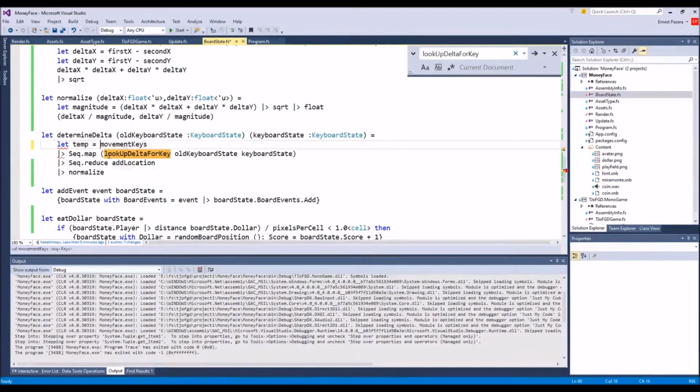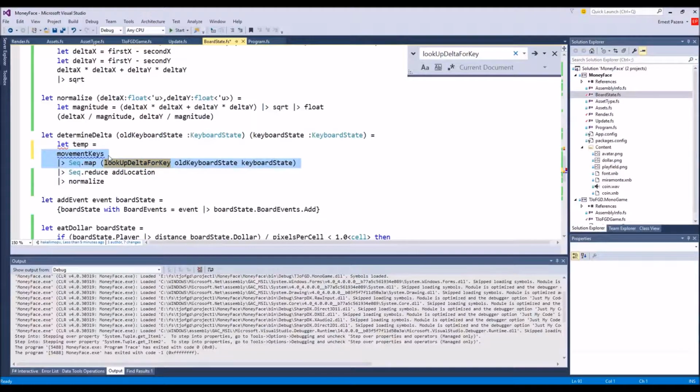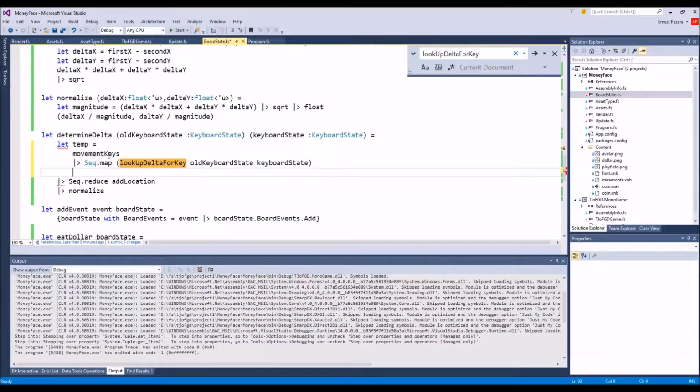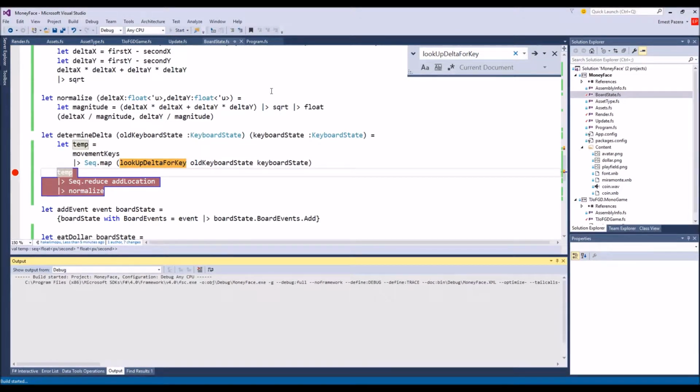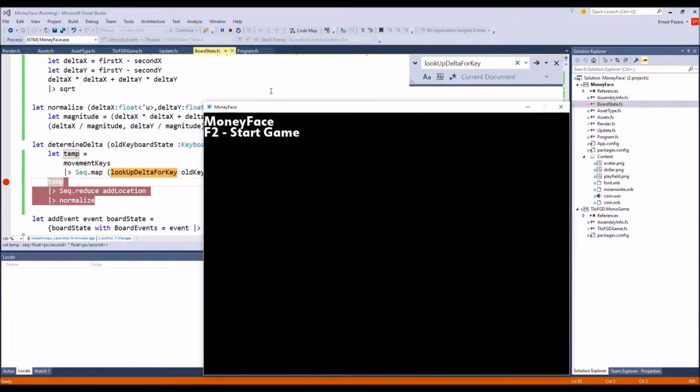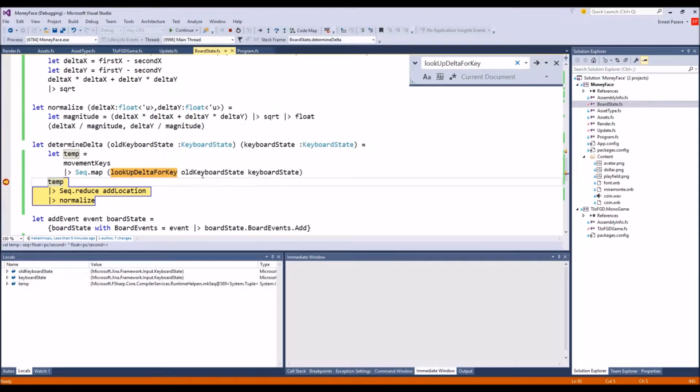Alright. Sometimes, kids, you just gotta do things, and then temp gets sent through there. I want to see what's going on right here. So F2. Temp, which is the result of a bunch of zeros.